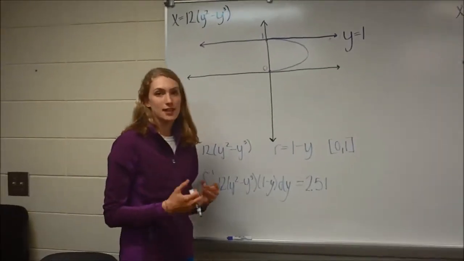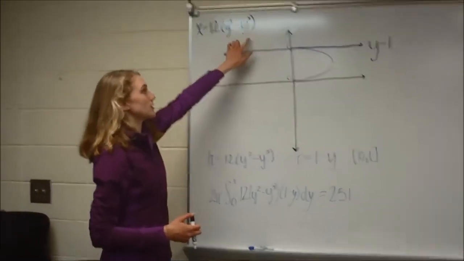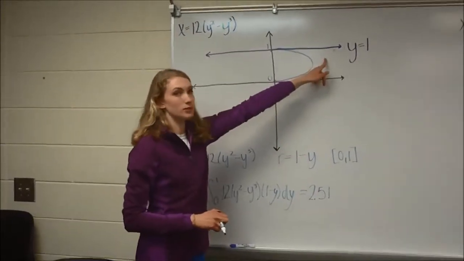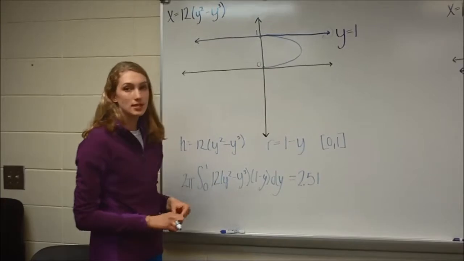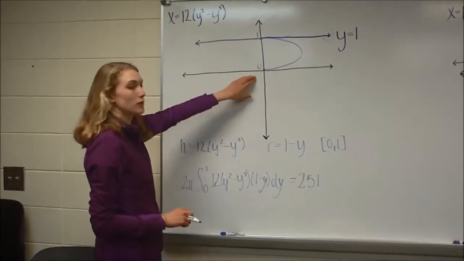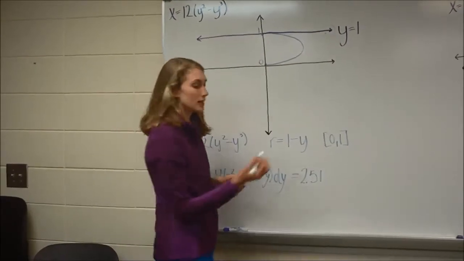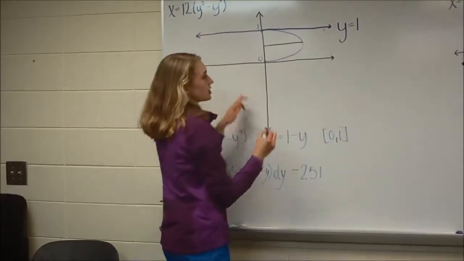Alright, so this time we have the exact same formula, which is x equals 12 y squared minus y cubed, but this time we're going to rotate around the line y equals 1. So since that line is a horizontal line, you're still going to be solving with respect to y, which means your parameters are still 0 to 1. The first thing you're going to do again is draw your height, which is parallel to the axis of rotation.